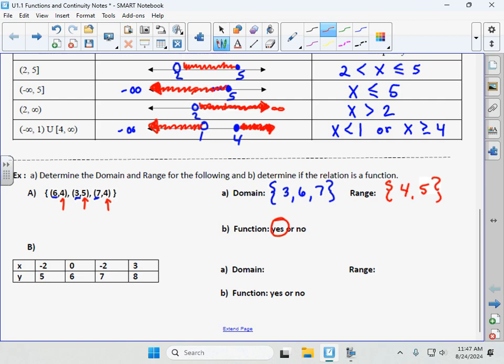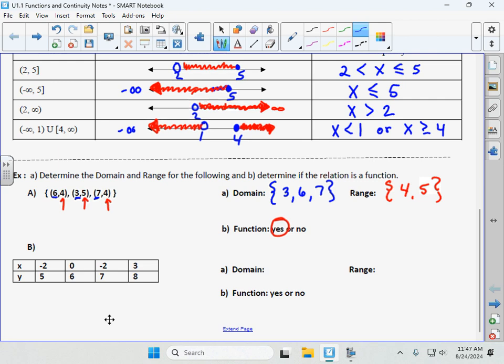And then this last one, B, the domain, again, are all the x values. When they give you an xy table that's written horizontally instead of vertically, the x values are on top and the y values are on the bottom. Even if they don't list it out like that, typically that's the way it works.